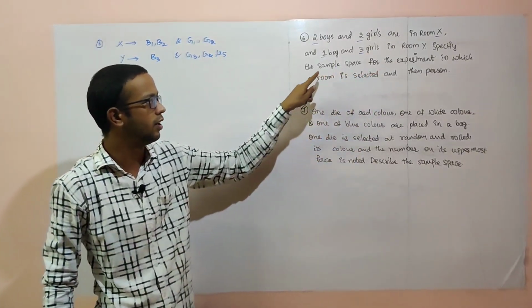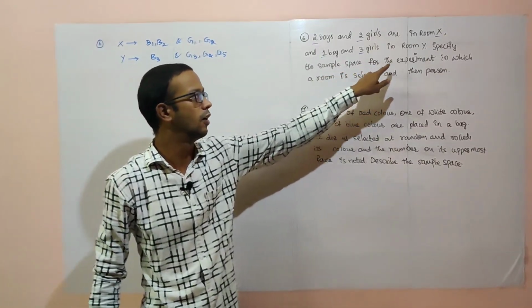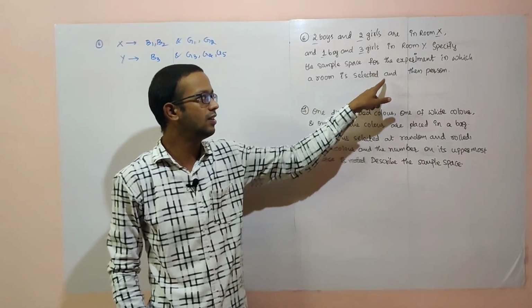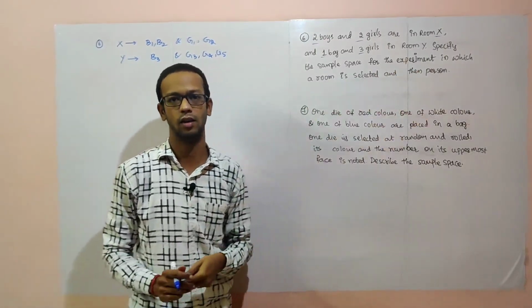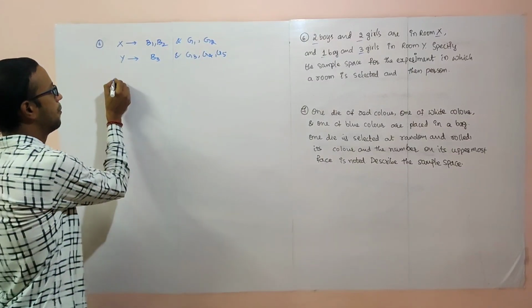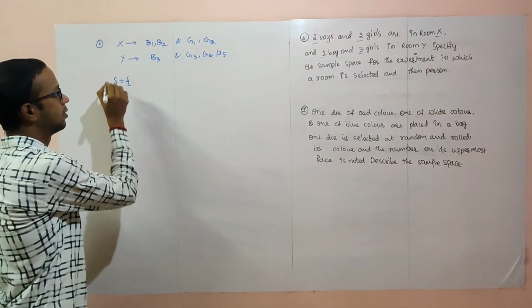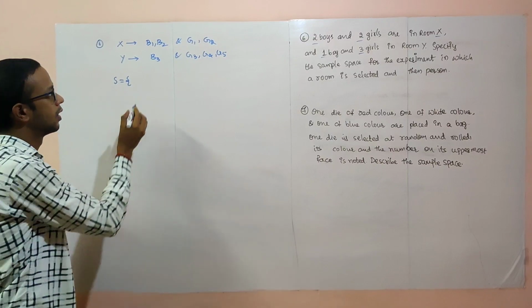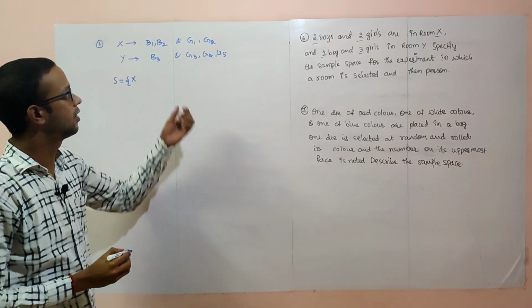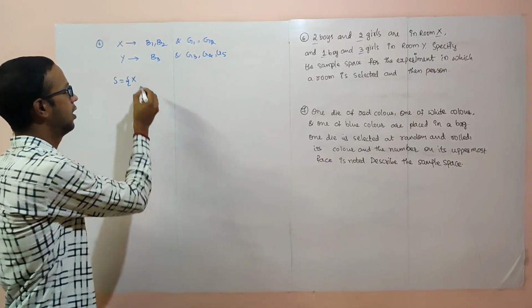Next, specify the sample space for the experiment in which a room is selected and then person. So first we have to select the room, after that person also. So sample space is X. If you select room X, what is the possibilities for selecting a person?